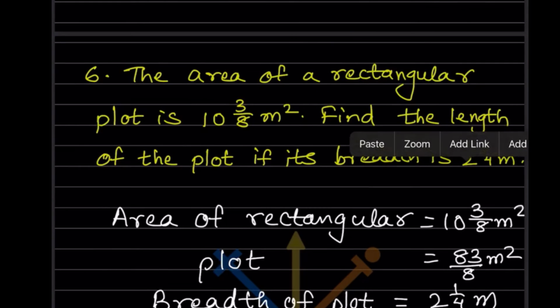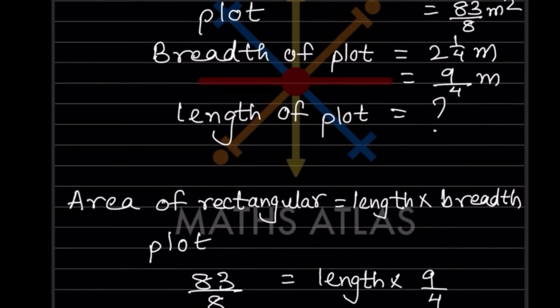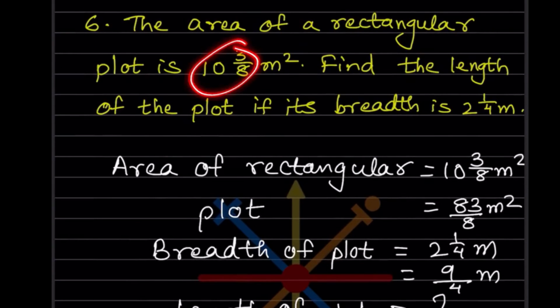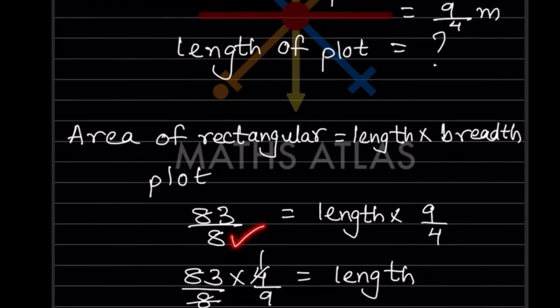How to find the length? First we start with the area that is given. So we can write the area of a rectangle, we know that is length into breadth. The area we have already converted to the improper fraction, that is 83 by 8, and the length we don't know, and this is going to be the breadth.